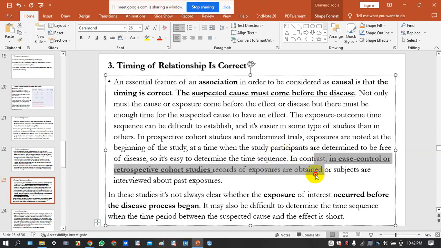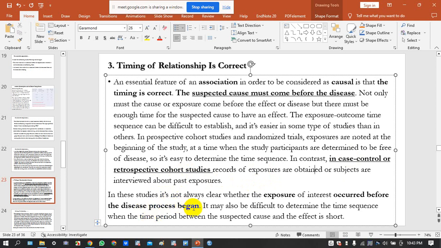But in the case control study, we look at those who have the disease and those who don't have the disease. Then we look back to trace the risk factors that cause the disease. So we look back retrospectively to trace what caused the disease. So that one does not qualify for what we are arguing about.